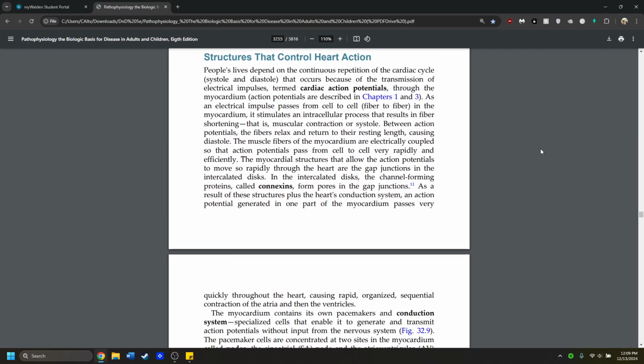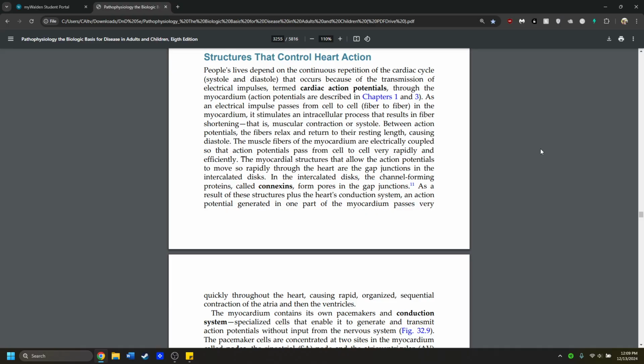So, structures that control heart action. People's lives depend on the continuous repetition of the cardiac cycle, that's systole and diastole, that occur because of the transmission of the electrical impulses termed cardiac action potentials through the myocardium, as described in chapters 1 and 3.